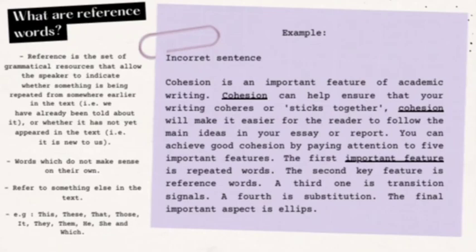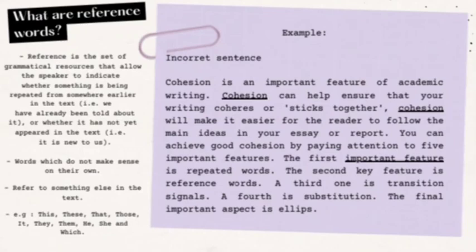Example. Incorrect sentence. Cohesion is an important feature of academic writing. Cohesion can help ensure that your writing coheres or sticks together. Cohesion will make it easier for the reader to follow the main ideas in your essay or report.